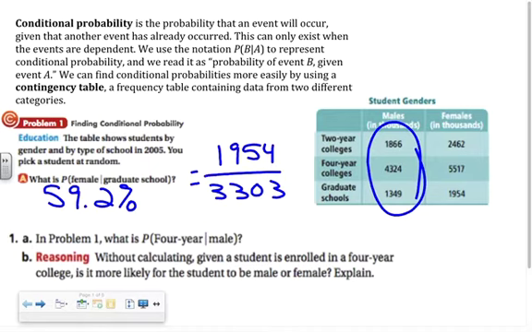So 1866 plus 4324 plus 1349 is 7539. And my numerator for that is the 4-year students that are males. So that's 4324. So 4324 divided by 7539, and that's 57.4%.